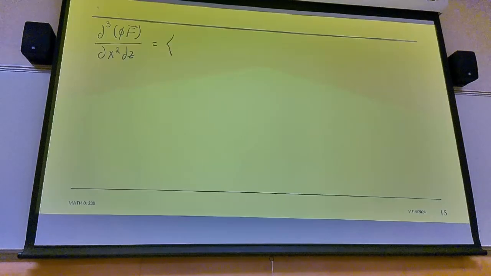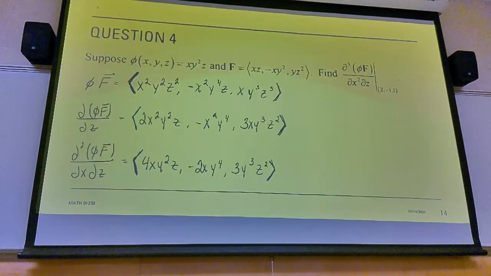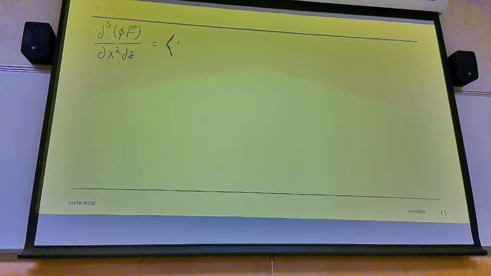With respect to x again: 4y squared z, negative 2y to the fourth, and 0.